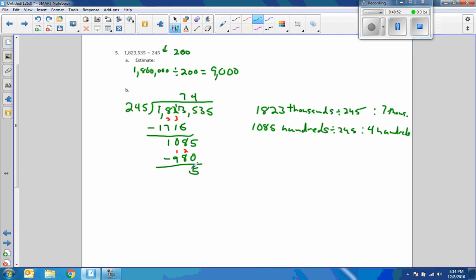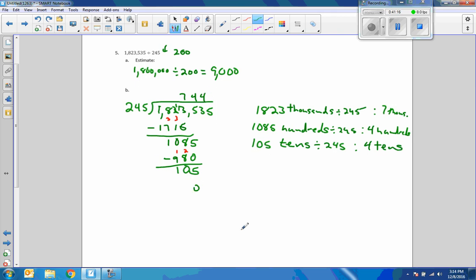Subtract 5 minus 0. 8 minus 8, 10 minus 9, 105. 1 less than hundreds is tens. Divided by 245 is going to give us 4 tens.